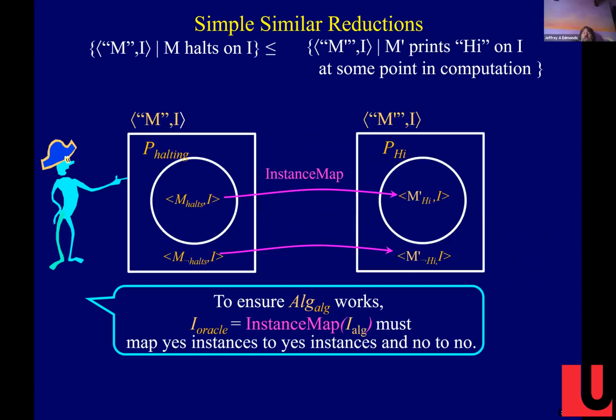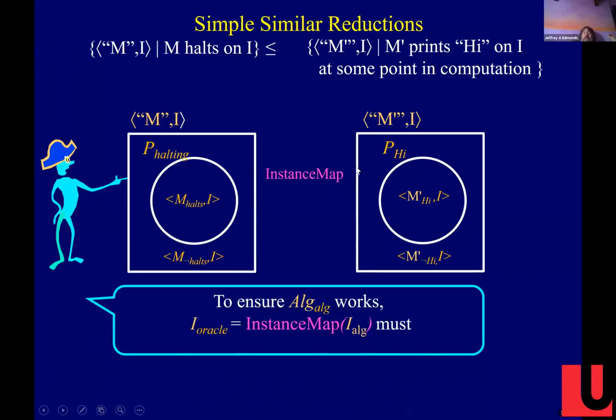So now we're talking about how to build this instance map, right? This is the problem for the hi problem. Here's the input to the halting problem: a Turing machine and an input, and we want to know, does it halt? The input to the hi problem is a Turing machine and an input, and we want to know if it says hi.